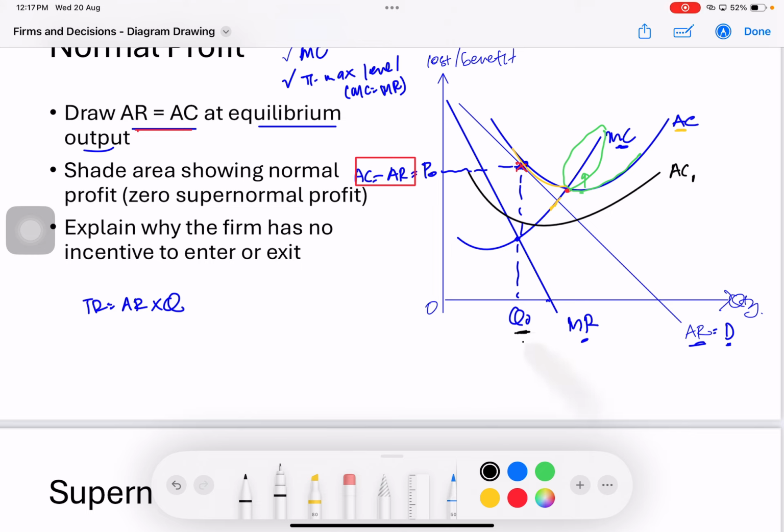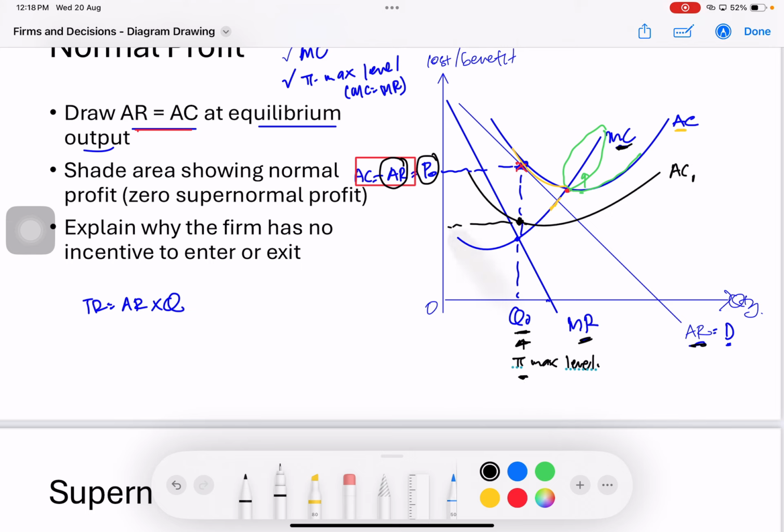So if you look at my AC1 over here, the equilibrium quantity or profit maximizing level is still Q0 because there isn't any change to my MC and my MR. Then at this point, this is the price, which is your AR, but my AC curve is here, people. This is the AC at the profit maximizing level.